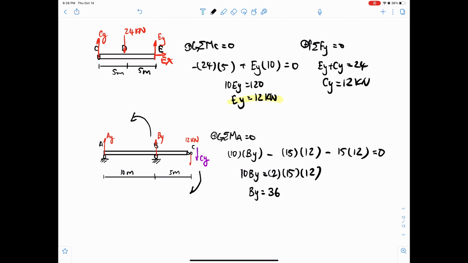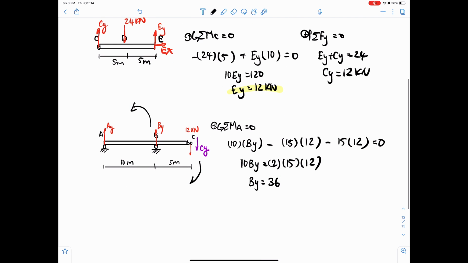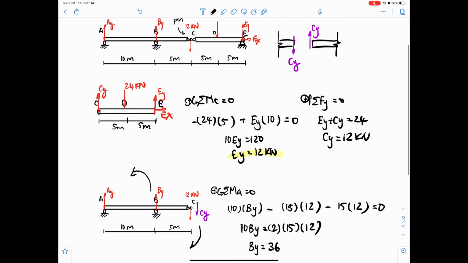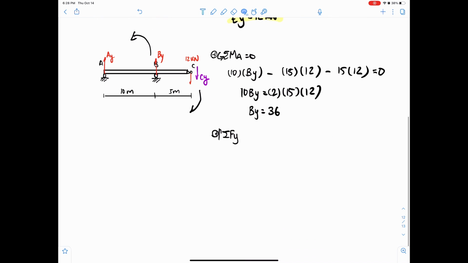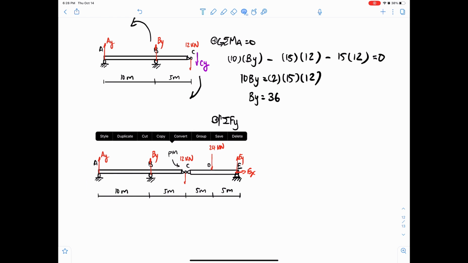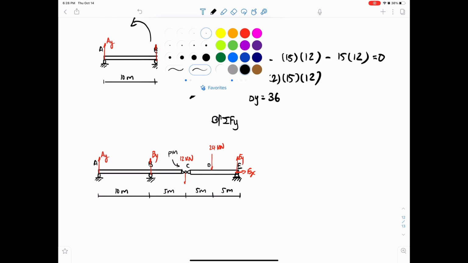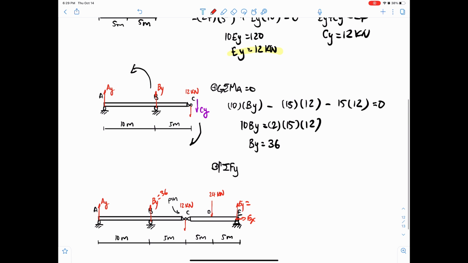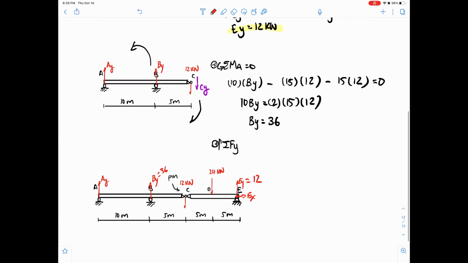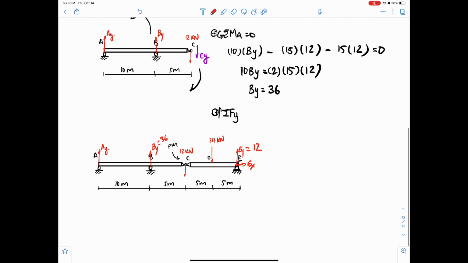Okay. And then finally, we can just do a sum of forces in the Y direction. Now we can just do this for the whole system, or we can just do it for this segment. In this case, I'll just show you that it works for the whole system, but feel free to do it either way. So once we have our BY value was 36, and then EY is equal to 12, we can just inspect it.